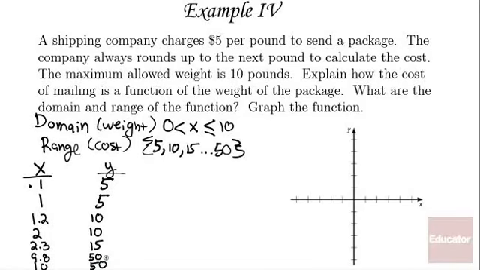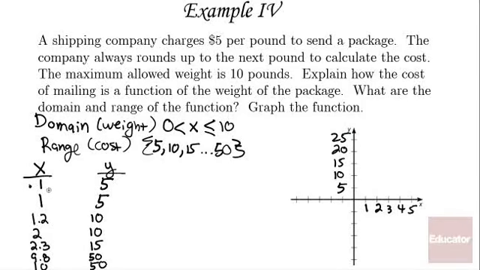Okay. So here's what I see. If I go over to my graph and I say, okay, x is going to be 1, 2, 3, 4, let's just go up to 5 pounds for right now. And then y is going to be $5 or 10, 15, 20, 25. Let's look at what happens.